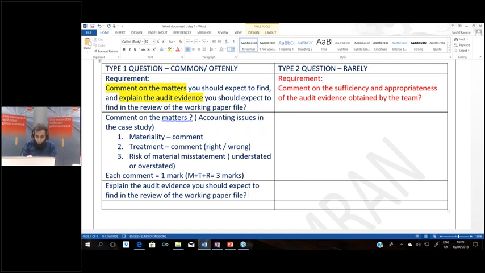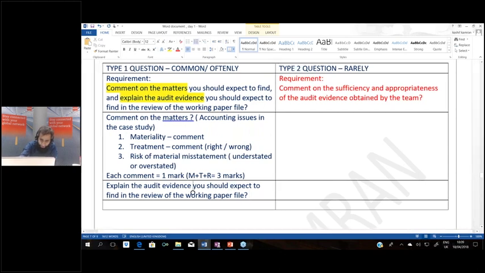Now obviously, you here are the manager. You should expect to find. We know in P7 most of the time you play the manager in the case study. So you should know that the manager reviews the working paper prior to the report being signed. So the manager is asking you a very practical question.